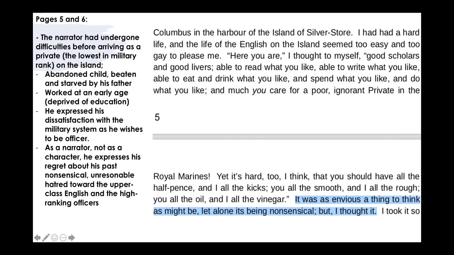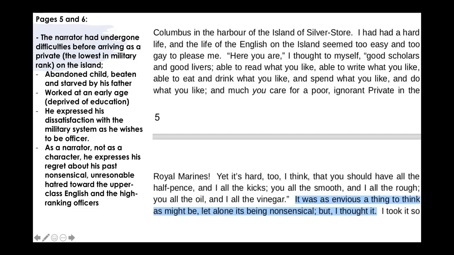So people who were educated, he felt that inferiority towards the educated people, able to read what you like, and able to write what you like, able to eat and drink what you like, because they were taking advantage of the island that they colonized, and spend what you like, and do what you like, "and much you care for a poor, ignorant private in the Royal Marines."